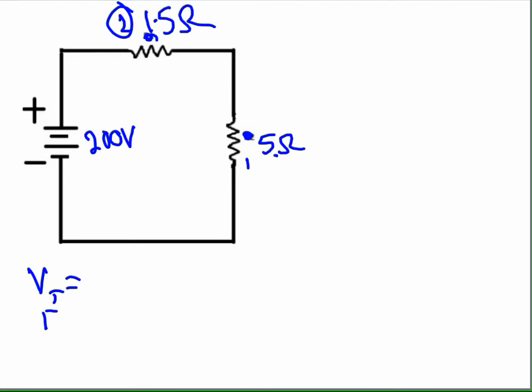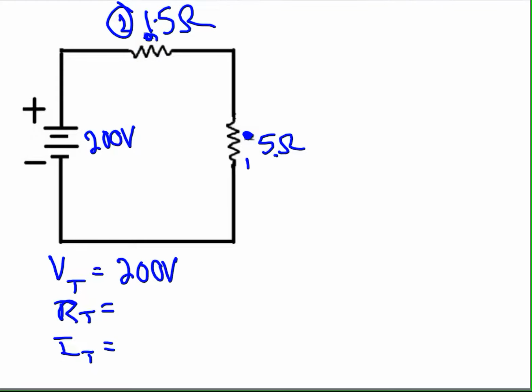So let's do our total values first. So we got V total, we got R total, I total. So V total is obviously 200 volts. R total is just going to be, again, the straight sum.